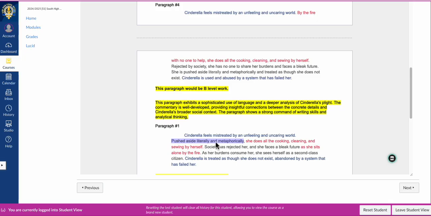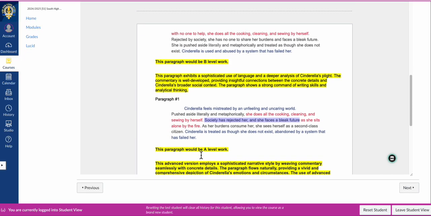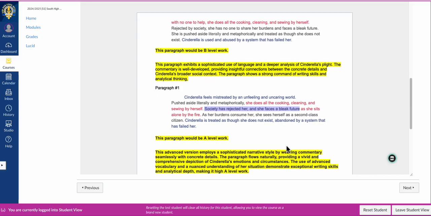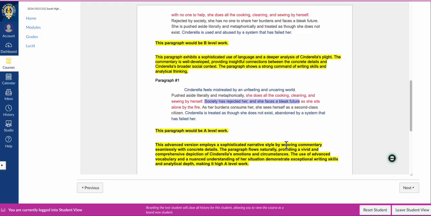That is both commentary and concrete detail. Society has rejected her and she faces a bleak future as she sits alone by the fire. We have commentary and concrete detail. As her burdens consume her, what a vivid feeling word. She sees herself as a second-class citizen. How does she feel? Cinderella is treated as though she does not exist, abandoned by a system that has failed her. This is amazing level work. This is high A level work.